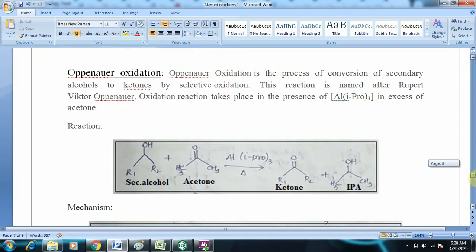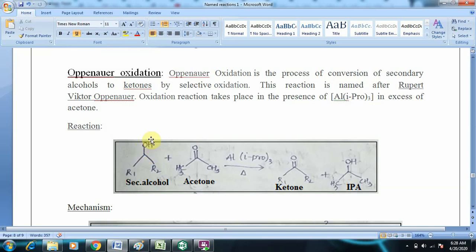Next reaction is Oppenauer oxidation. So this Oppenauer oxidation is the process of conversion of secondary alcohols to ketones. As we said, what is primary alcohol? RCH2OH. And what is secondary alcohol? RCHOH. As you can see here, this carbon has another hydrogen, so this is CHOH.